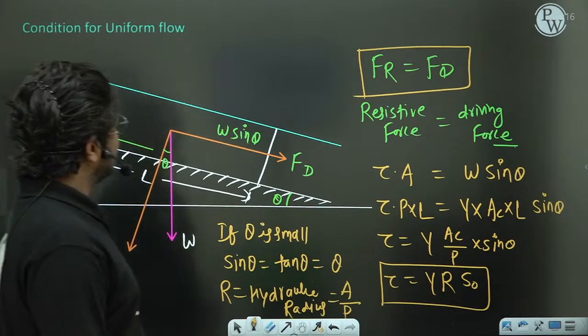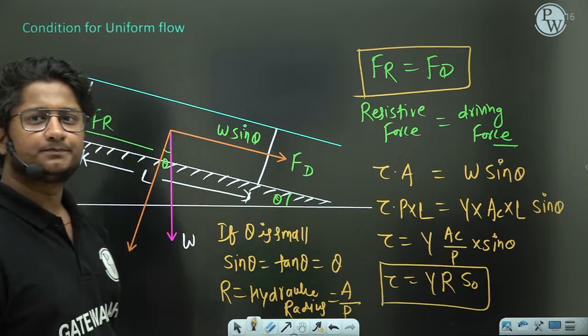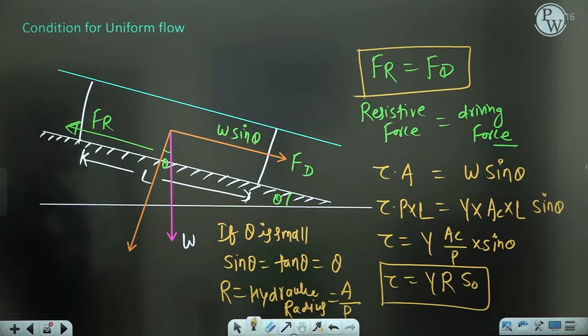Okay. So is this clear to all of you? Tau equal to gamma R S naught. Tau equal to gamma R S naught.